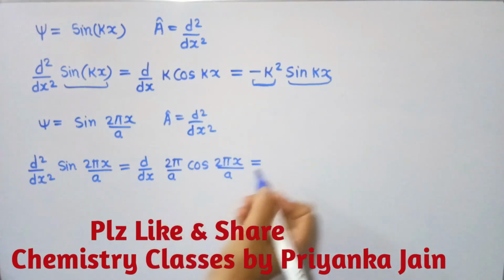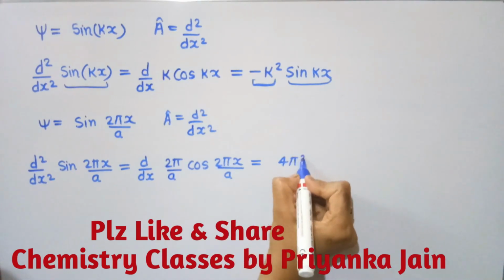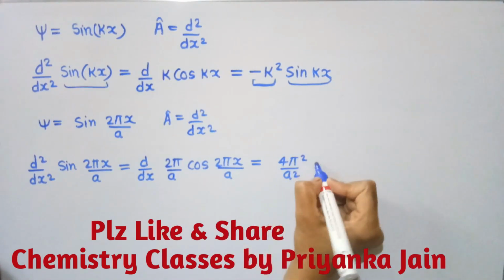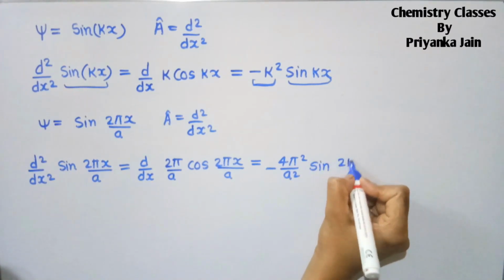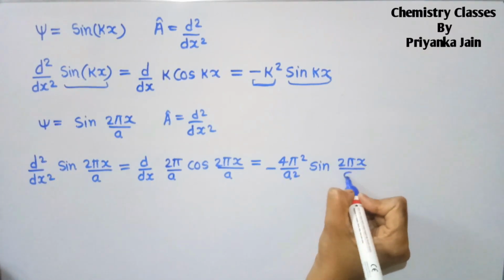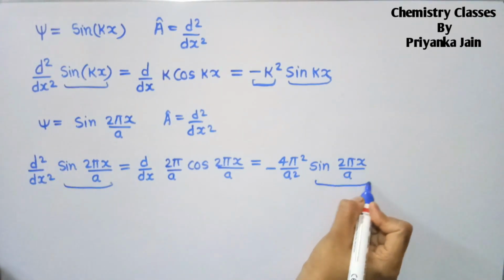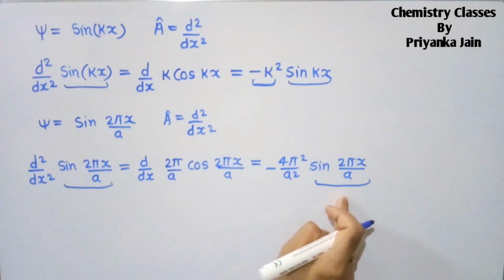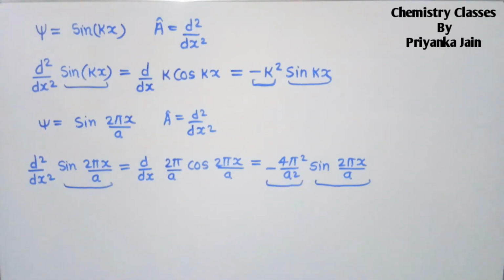Now do the differentiation again, so it will be equal to minus 4 pi square upon a square times sin 2 pi x upon a. Now see here, this is our wave function and it comes back as it is. So this is the eigenfunction and this will be the eigenvalue, right?